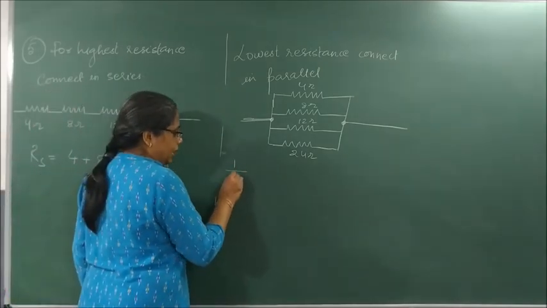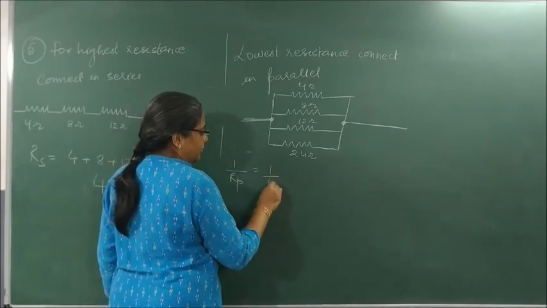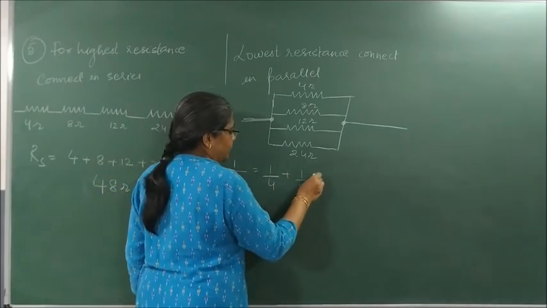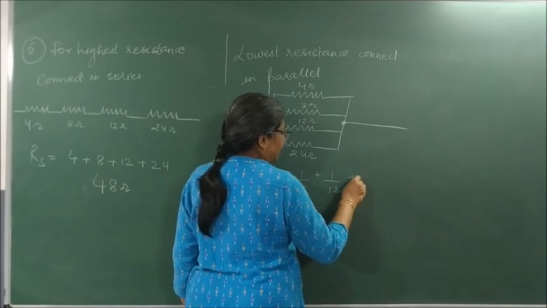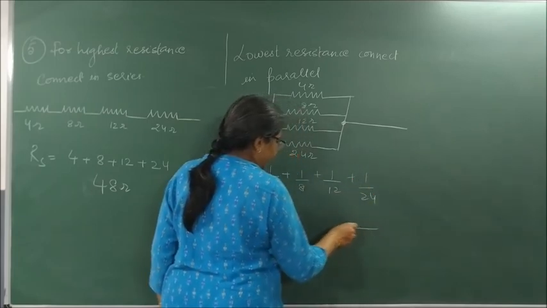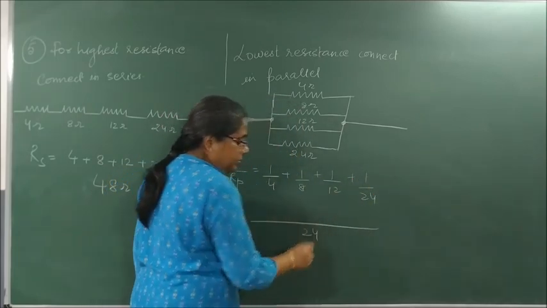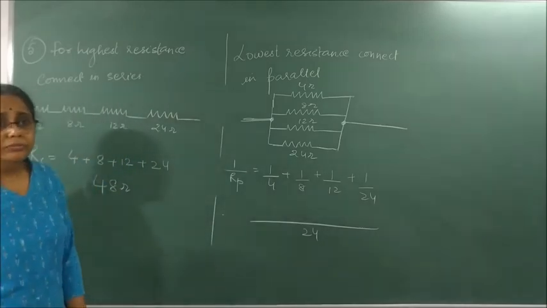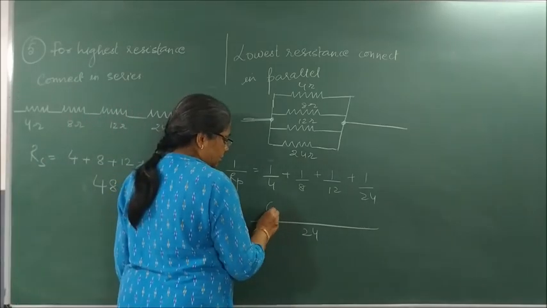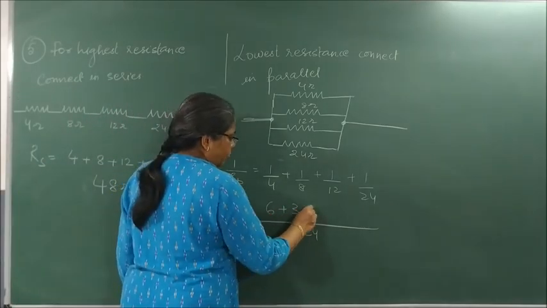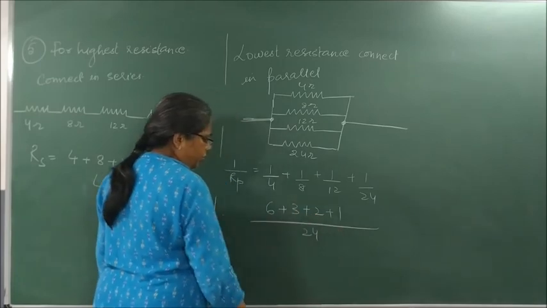So 1 by Rp is equal to 1 by 4 plus 1 by 8 plus 1 by 12 plus 1 by 24. LCM 24: 6, 3, 2, 1.